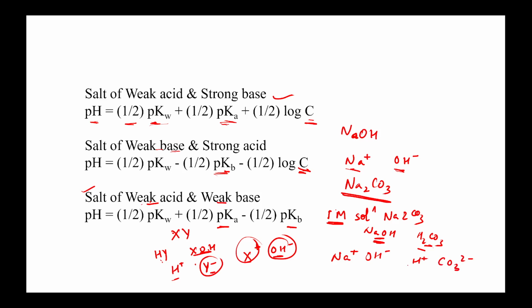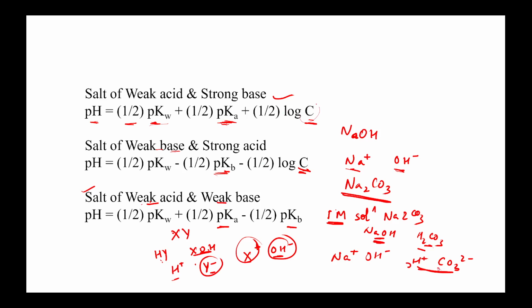So these ions will determine the final pH. Now from the pK value of H2CO3, we'll have the idea of these ions, okay?